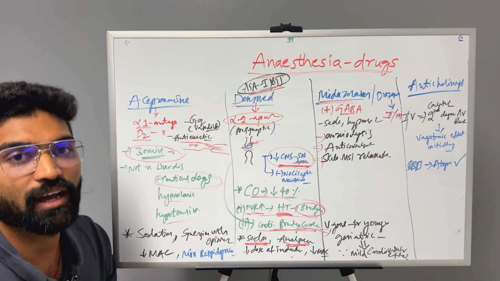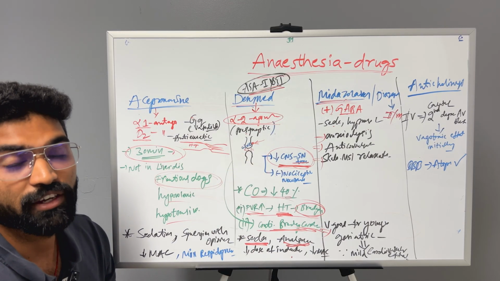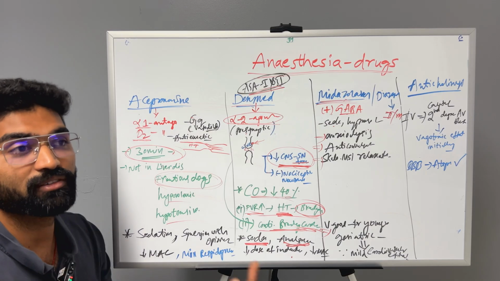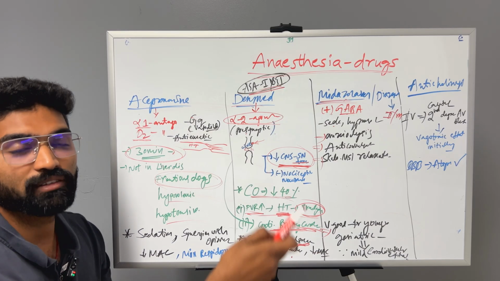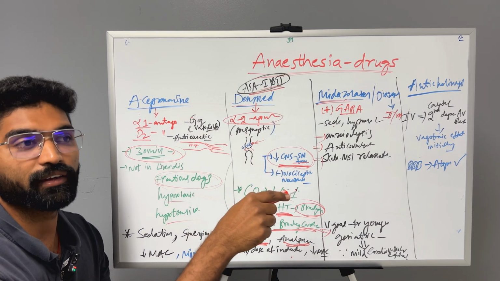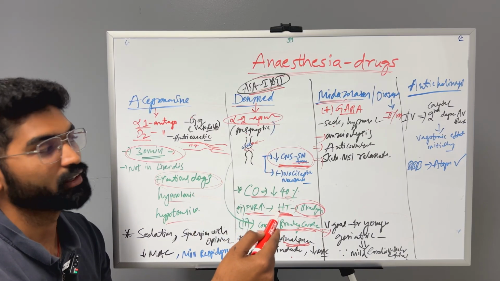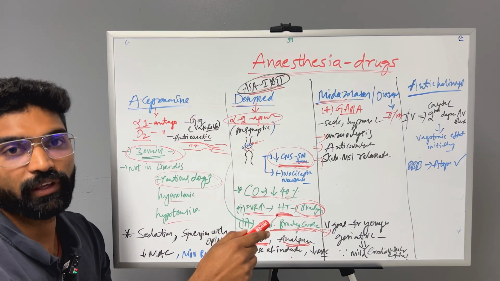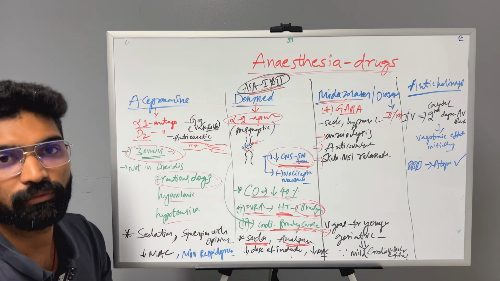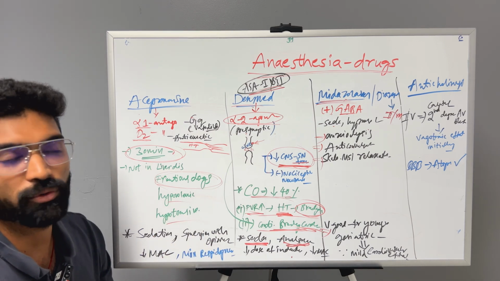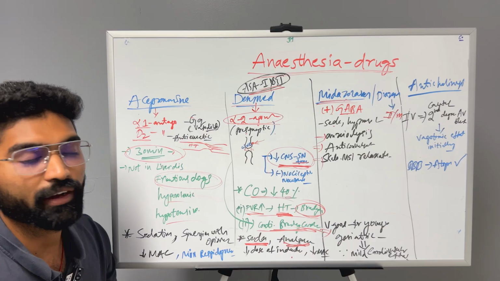Okay, so it decreases the heart rate. It should have increased the heart rate, but because of this lower dose and its vagotonic effect, it will reduce the heart rate initially. So you should not give atropine in a minimal dose. You should give an appropriate dose. Then only it will increase the heart rate.